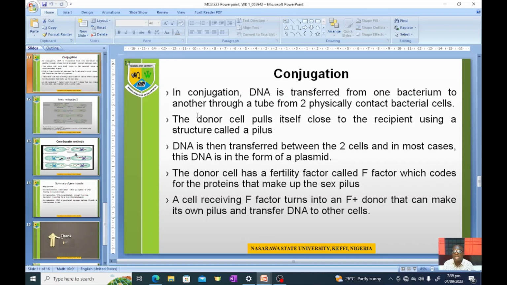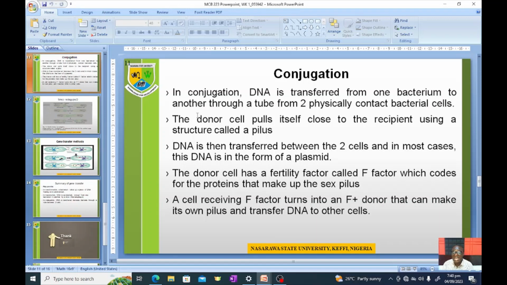Now, the donor cell pulls itself close to the recipient bacterium, using a structure called a pilus, or pili in plural. DNA is then transferred between the two cells, and in most cases, this DNA is in the form of a plasmid. We've mentioned plasmids before, extrachromosomal DNA components that are capable of self-replication outside of the chromosomal DNA.